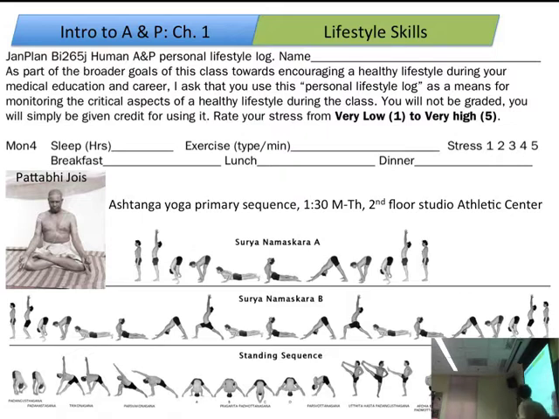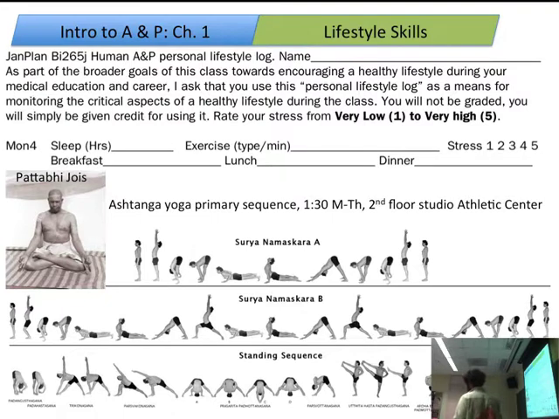I teach a style of yoga called Ashtanga. The point of Ashtanga is to encourage self-practice. It's the same sequence every time. So if you actually do come to my class, I will make a lot of anatomical correlations with the yoga for you, which may be interesting.